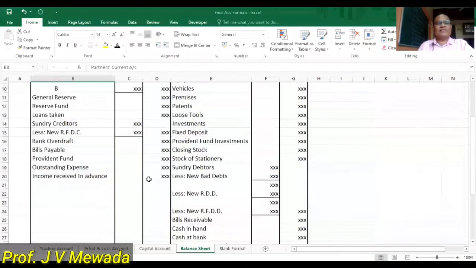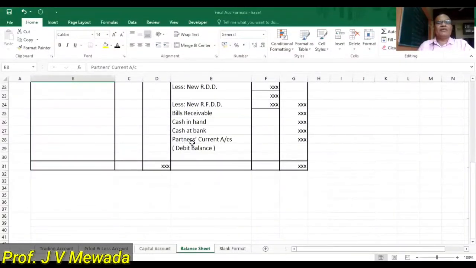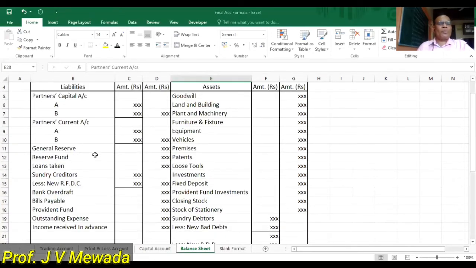And if these partners have a debit balance, then we show the partners' current account debit balance on the asset side. That's the difference that you have to remember in case of partners' current account.